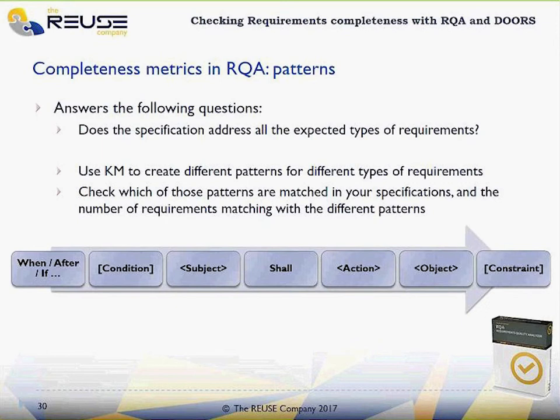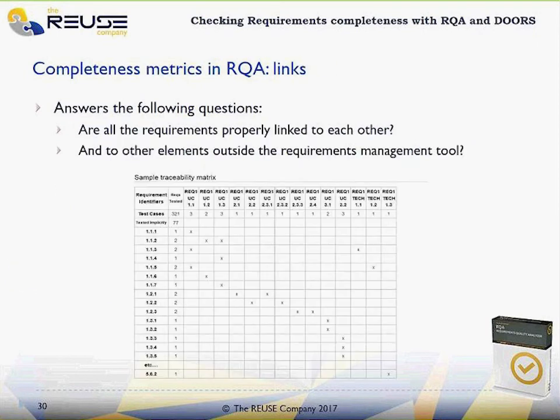And by matching or conforming with patterns, we can check what types of requirements you are not addressing in your specification. So if you are not addressing, let's say, safety or security requirements, then Requirements Quality Analyzer will very easily identify those types of requirements that you are not addressing.